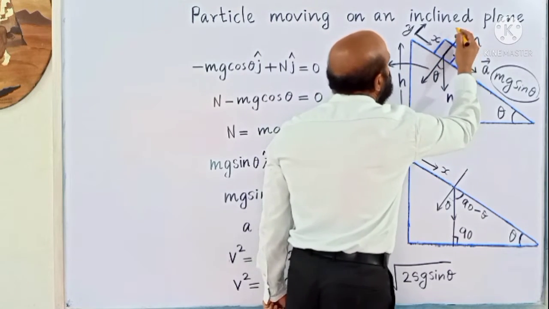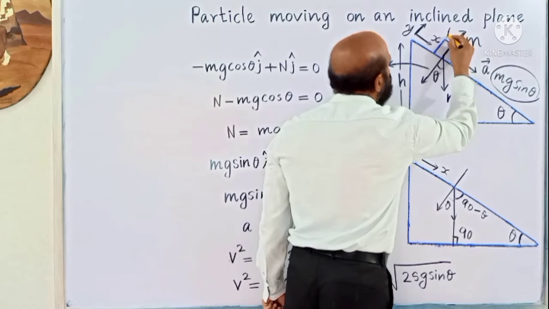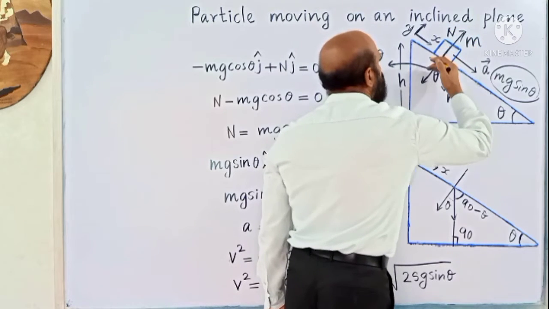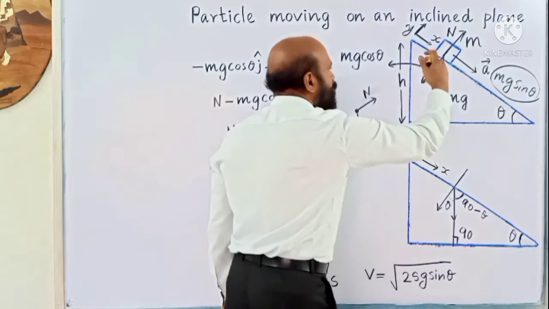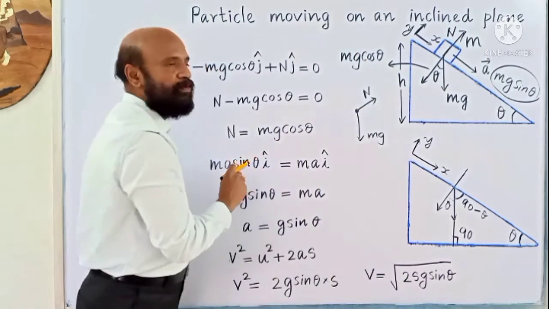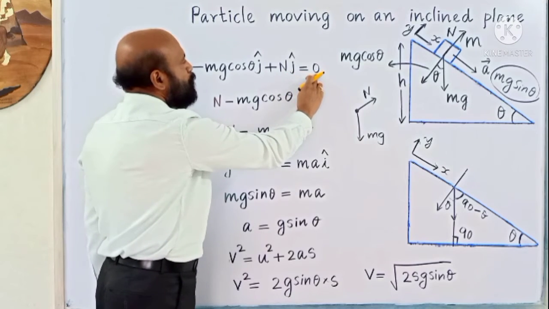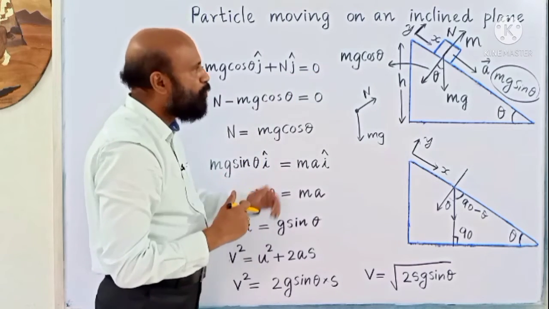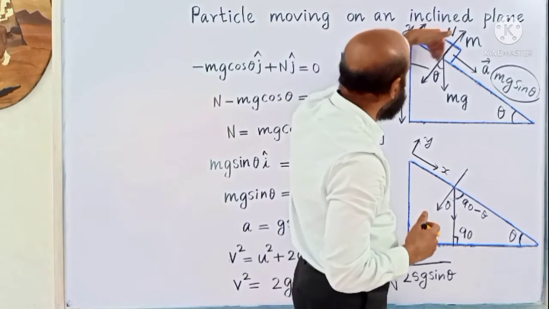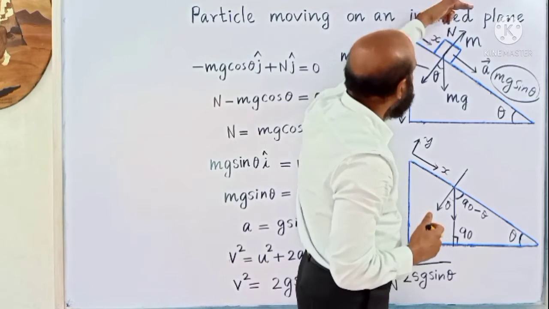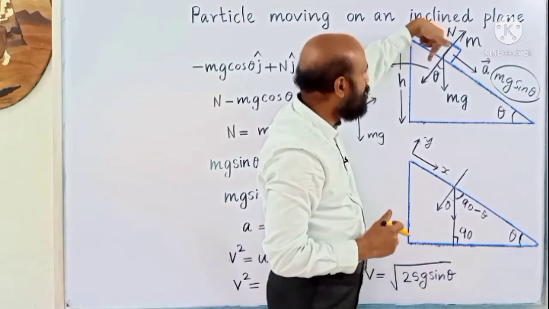Then this is the normal force, the normal force exerted by the inclined plane on the object along the positive y-axis, so N j cap. This is equal to 0 because there is no acceleration along the y-axis.